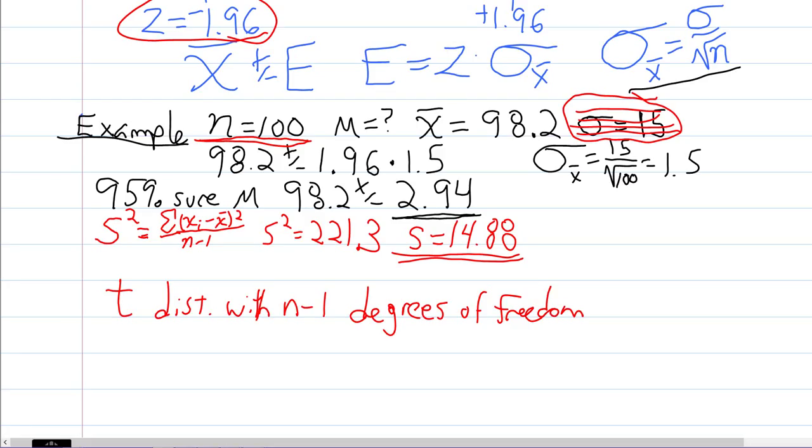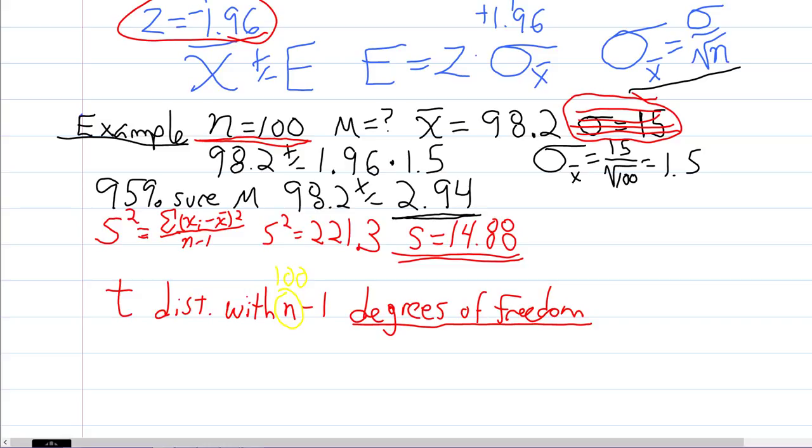Well, in general, what degrees of freedom means, let me rewrite that because my handwriting is really bad today, is actually a very technical mathematical term, but what it means in this case is how much data we have, compared to what we have to subtract from how much data we have, which is 100. We have 100 IQs.